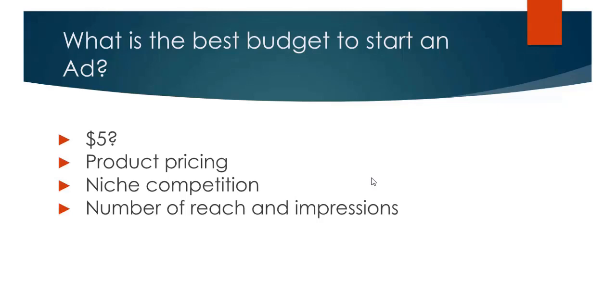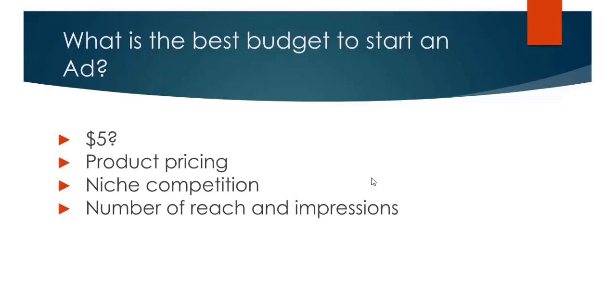For example, your product price is really high, which means if you get a sale by reaching 500 people, you would have to reach 5,000 people for a single sale.